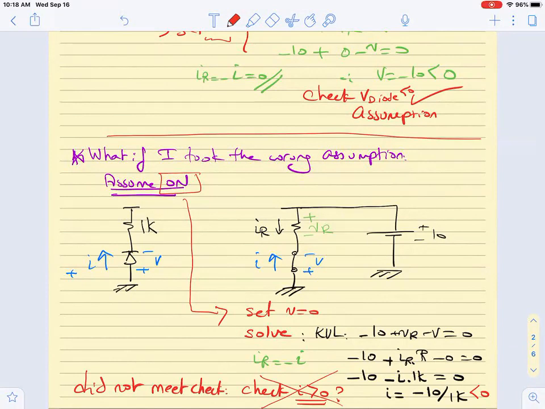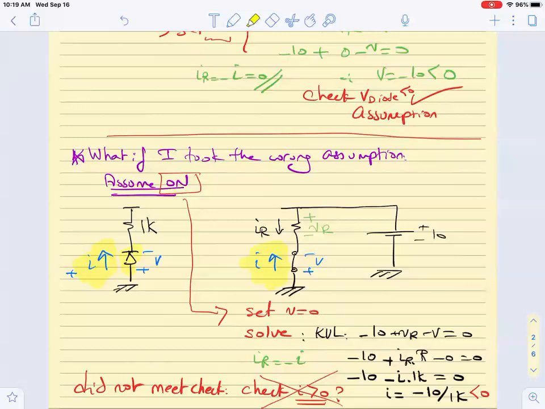Is this clear? When we took the wrong assumption, what happened? True, I put it as a short circuit. What is important in this whole question? Is the current positive or negative? Exactly, that we kept the direction of the current like the direction of the diode.